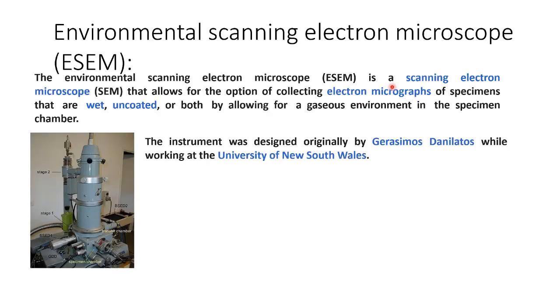Then we have environmental scanning electron microscopy, ESEM. This ESEM is generally used for wet samples or biological samples, because these cannot be observed in a vacuum. We have to have a water kind of environment for those samples. So ESEM helps us to monitor wet and sometimes uncoated samples also.